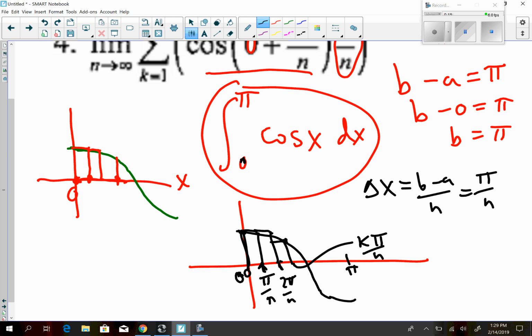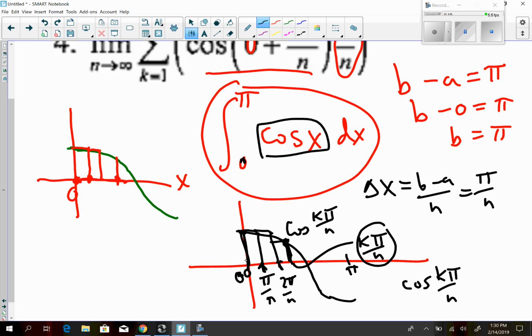And then we'd say the y-coordinate here, if this is the function, would be the cosine of this x value, the cosine of k pi over n. That makes that the height of this rectangle, cosine k pi over n. And the width of each of these rectangles is pi over n. The length times the width is the area.